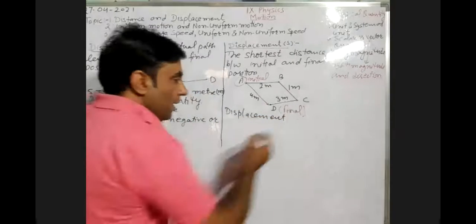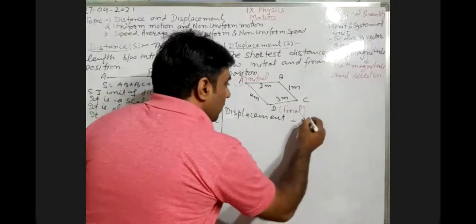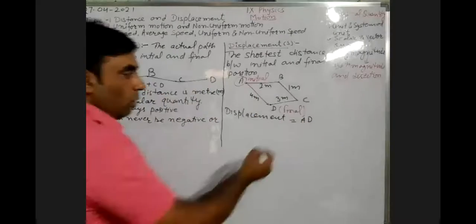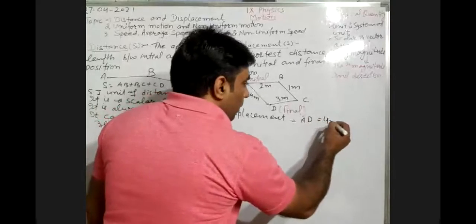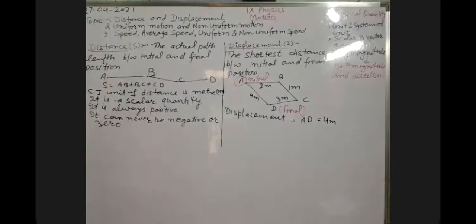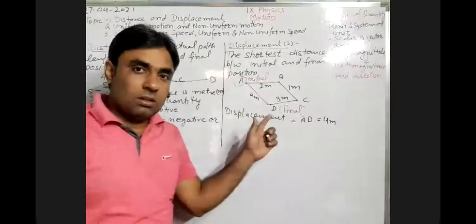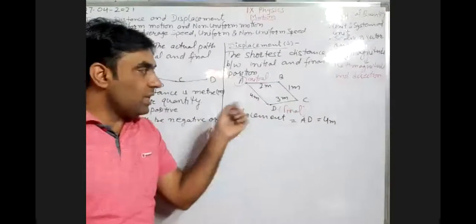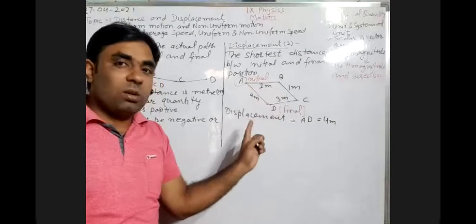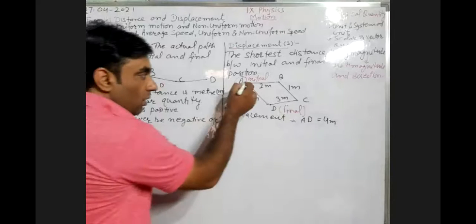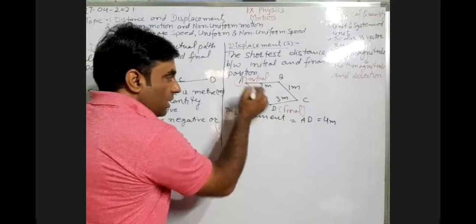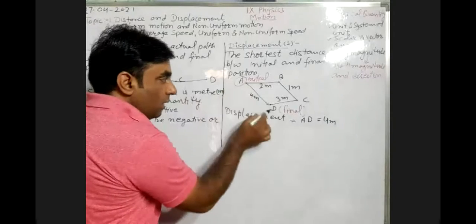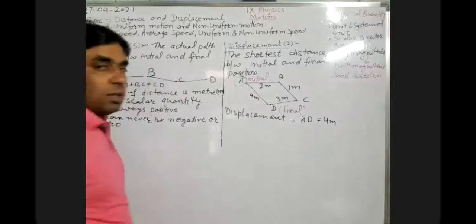We can write displacement is AD, the shortest distance between the initial and the final point. So displacement is 4 meter. I'm just taking an example, it is not a mathematical calculation. It is just an example that the distance from A to D is 4 meter. Then the shortest distance between the initial and the final position is known as displacement.